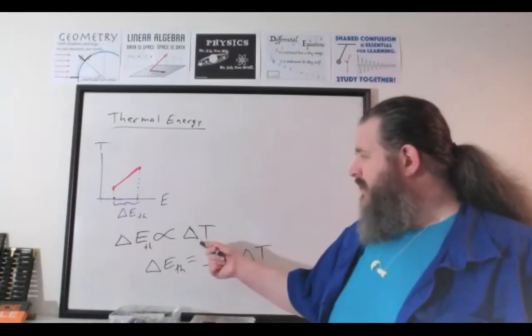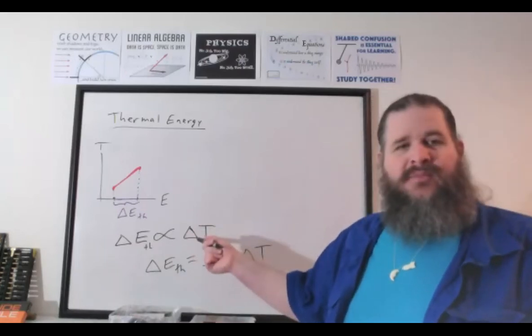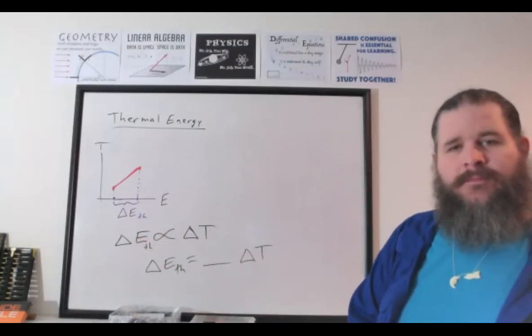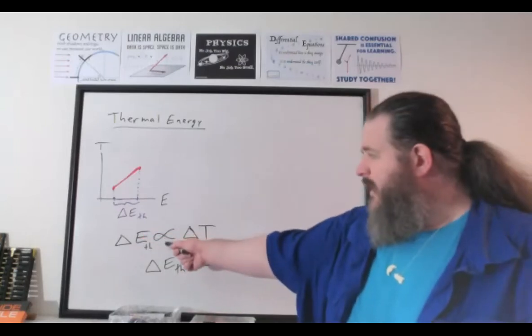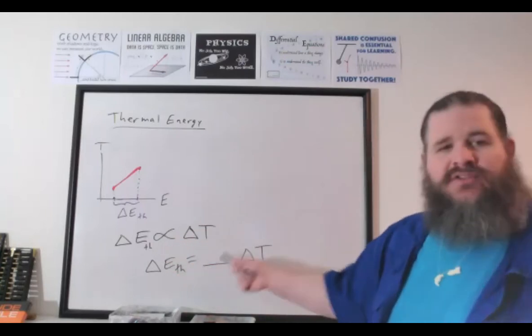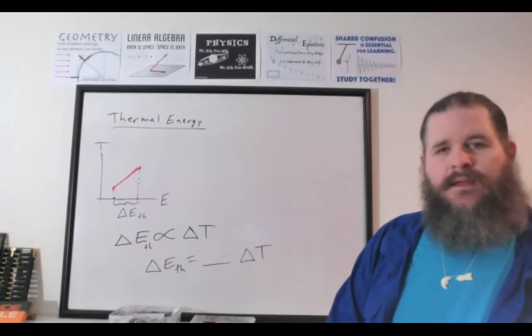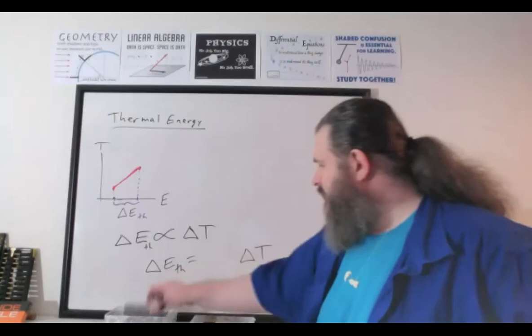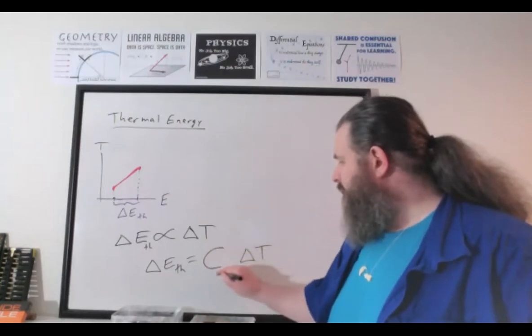Like if you want delta T to be 3 times as much as before, you're going to need delta E thermal to also be 3 times as much as before. But you can also always write a proportionality as an equation with one of the things equaling some constant times the other thing. And that constant is what we call the heat capacity of the object, usually written as a capital C.